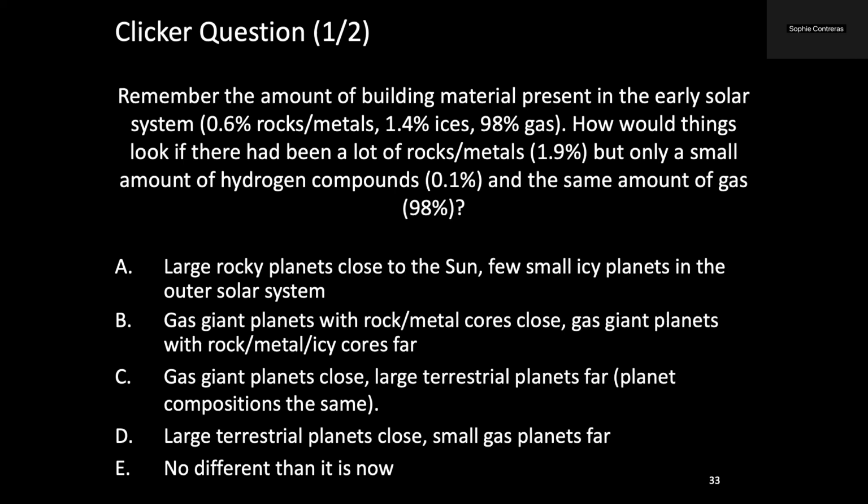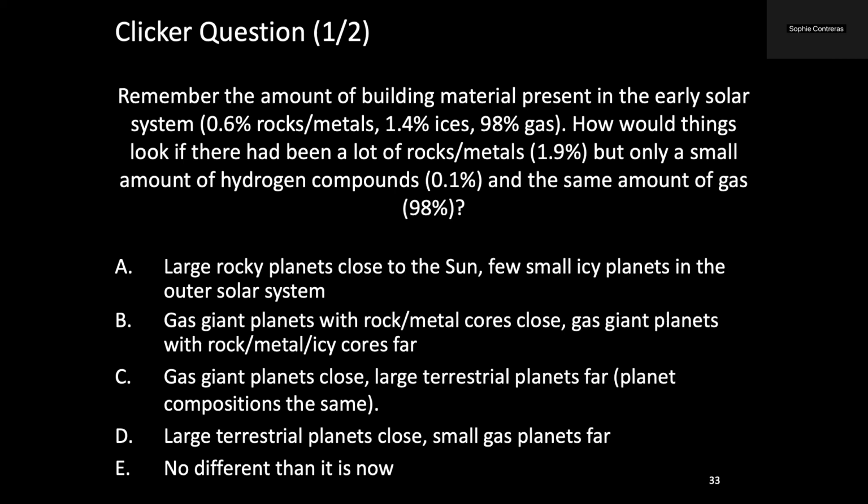What's that? Same amount of gas. Okay, so why? I have more rocks. Why can't I have large terrestrial planets close? Oh, I just can't have small gas giants far. Okay, so that one we don't like. Everyone agree? Yeah. No one wants to disagree?